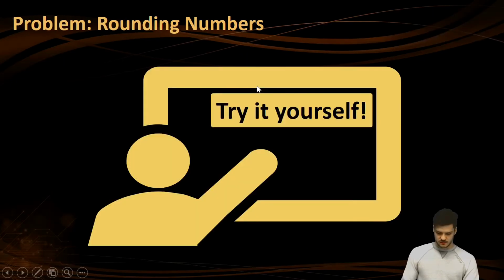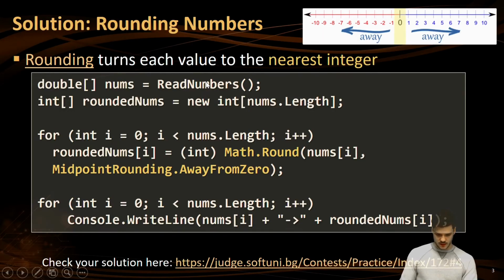Here in the solution, I have written read numbers as a method. So you can try to do it that way. That's the cleaner way, actually. You should do a method, try to do it, that returns an array of doubles, and reads from the console line, parses the strings into doubles, and returns them.